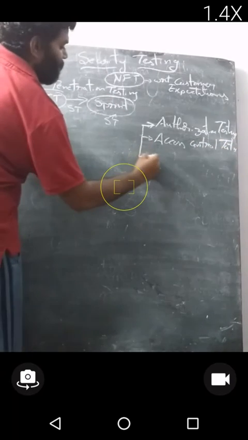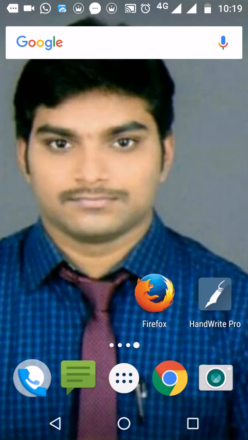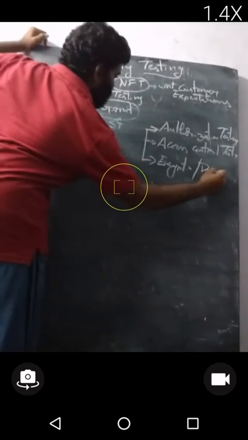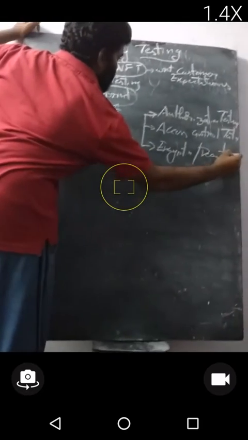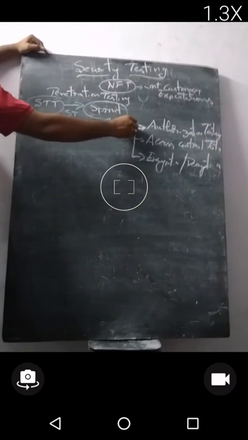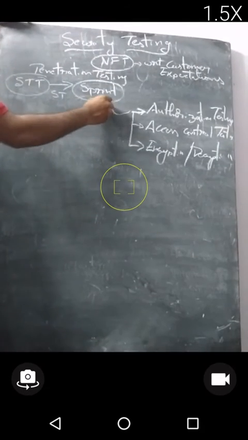After that, encryption and decryption testing. These three subtests are conducted over the sprint. That is what security testing is. These three are the security tests.